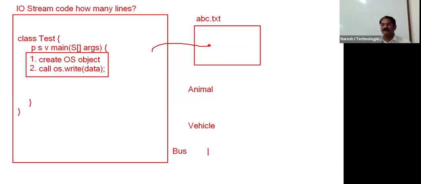Car is the vehicle. Bike is the vehicle. Next I'm asking a question. Is bus really bus? No. Red bus is the bus. Express is the bus. Super luxury is the bus. Volvo is the bus. These are the actual buses running on the road.